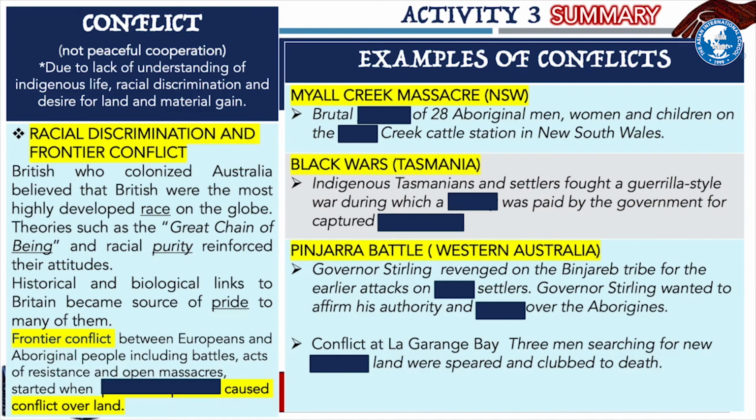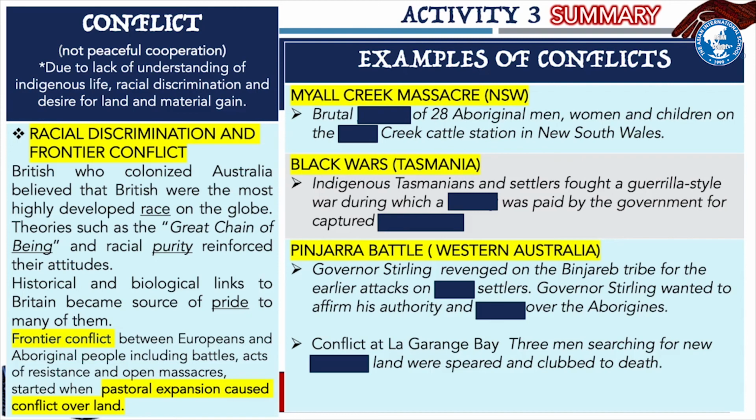And frontier conflict between Europeans and Aboriginal people, including battles, acts of resistance, and open massacres, started when pastoral expansion caused conflict over land. Okay, examples of conflicts. Nile Creek Massacre in New South Wales.